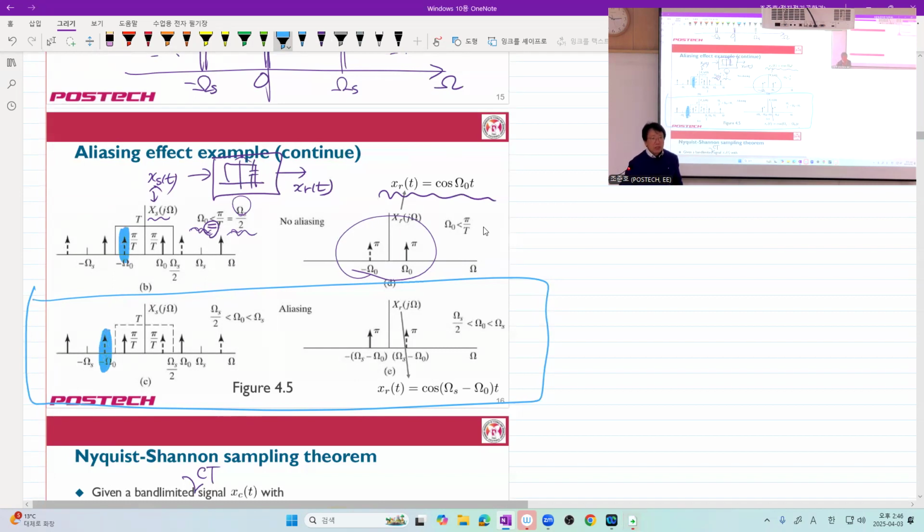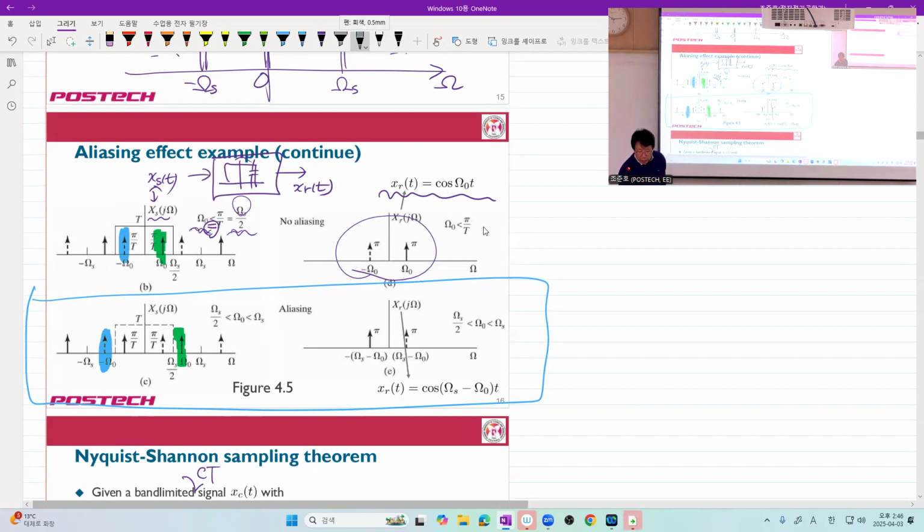Got it? So this does not scale. It's a kind of magnified version. And that one is here. Now you copy this one here. Then what happens? This one appears there. Now you copy this one here, and a copy of that one appears here. Right?